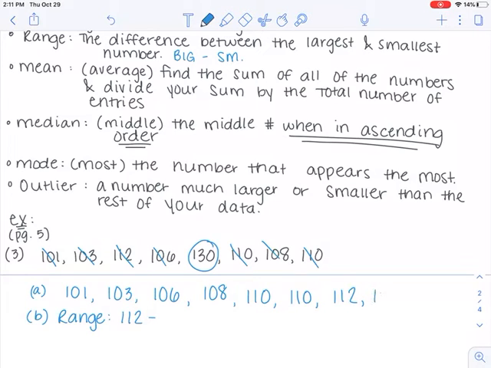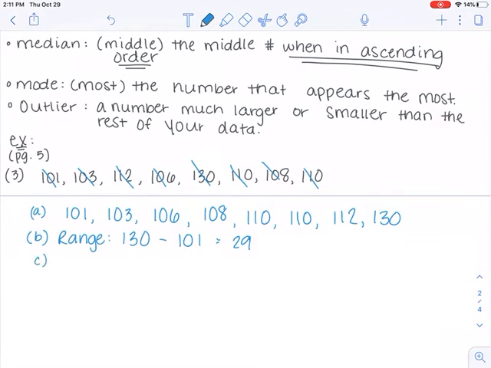So I'm going to throw 130 in there. Alright, so let's redo our range. The biggest number is 130, and our smallest number is 101. When we subtract those, 130 minus 101 is equal to 29. Therefore, our range is 29.